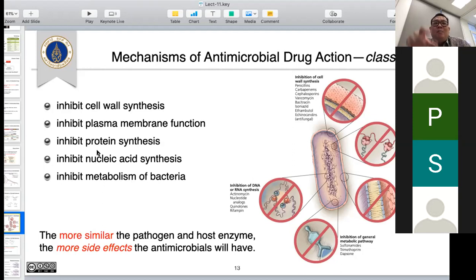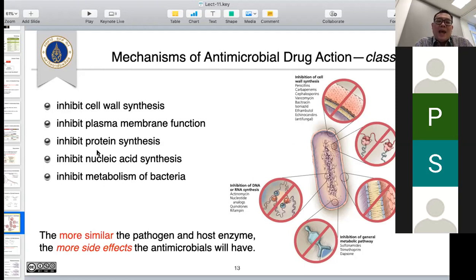protein is synthesized by bacteria and hosts using different types of ribosome. Yesterday we learned already, right? Bacterial ribosome and eukaryotic ribosome are different, 70S and 80S, right? So they can be targeted differently. That's perfect. Nucleic acid biosynthesis is also a good target because the DNA polymerases of eukaryotes and prokaryotes are quite different.